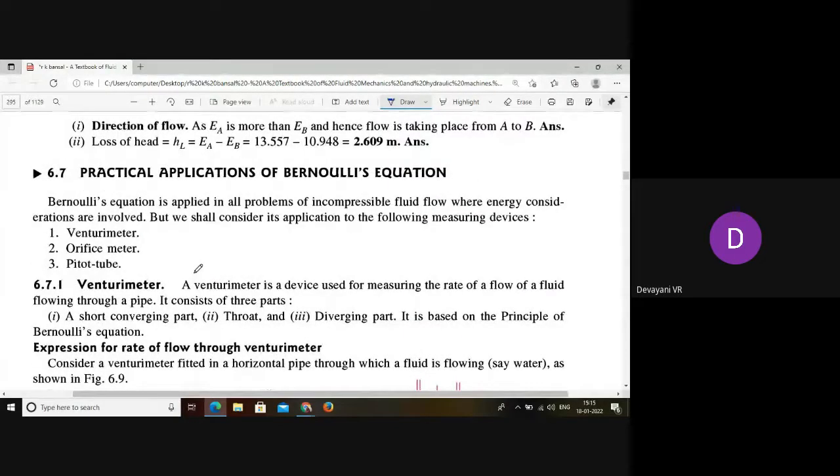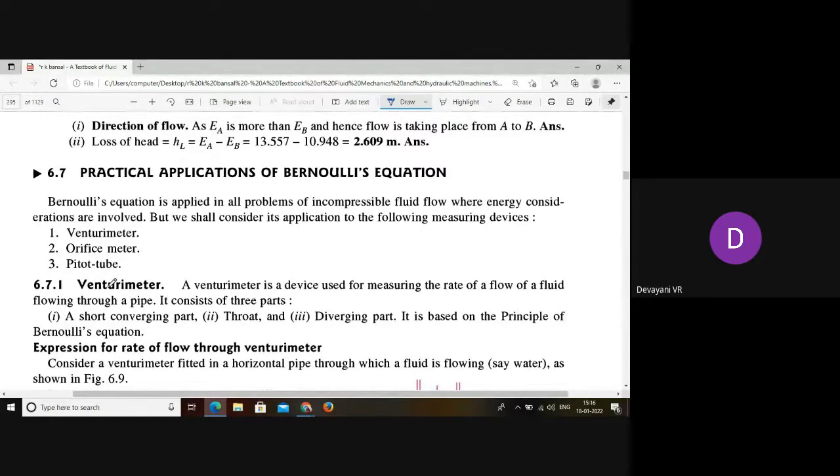These are the practical applications of Bernoulli's equation. Bernoulli's equation is applicable for incompressible, steady, uniform and also irrotational flows. Based on that principle only, we can design the venturimeter, orifice meter or even the pitot tube.